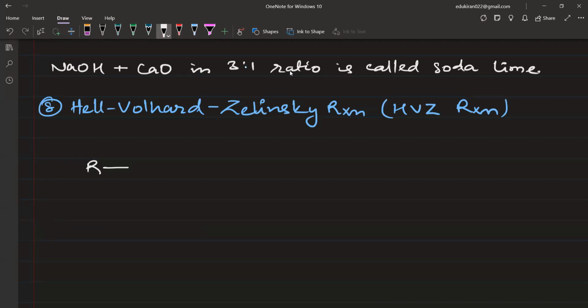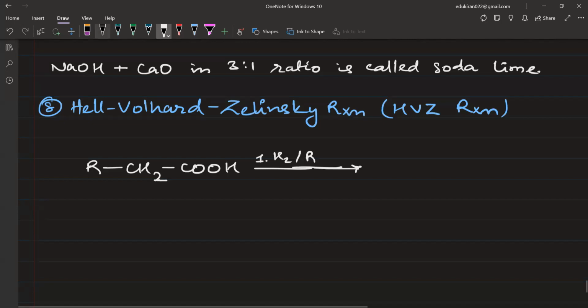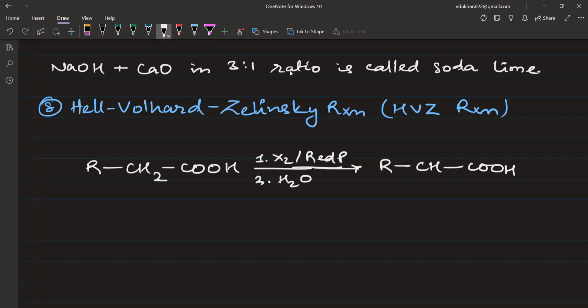You should have at least one alpha hydrogen. So you should have CH2COOH, and you react this with, first step, halogen in the presence of red phosphorus, and second step is water. So one hydrogen on the alpha carbon will be replaced by the halogen atom. Everything else will be the same.